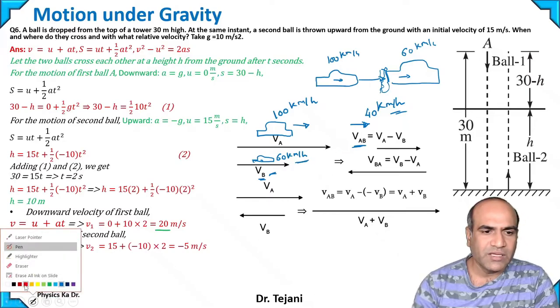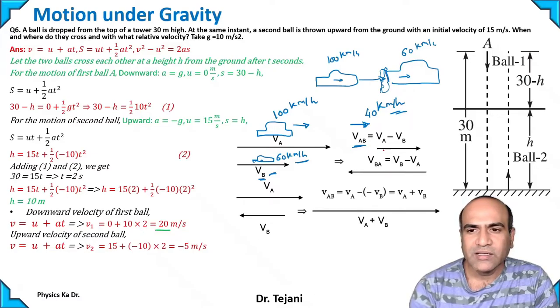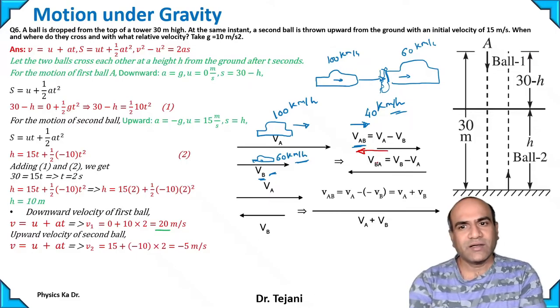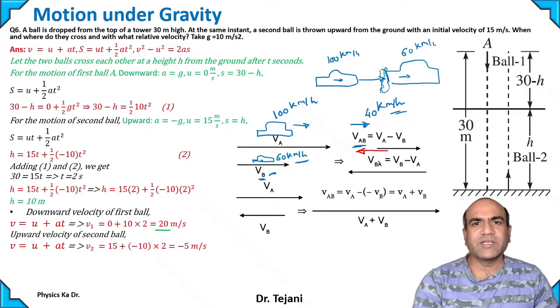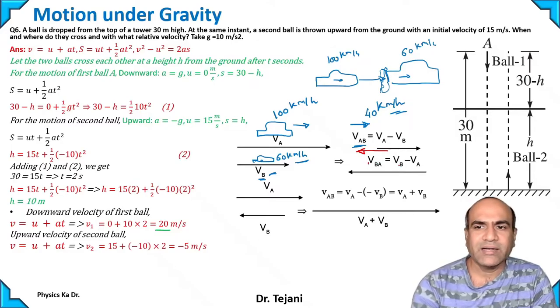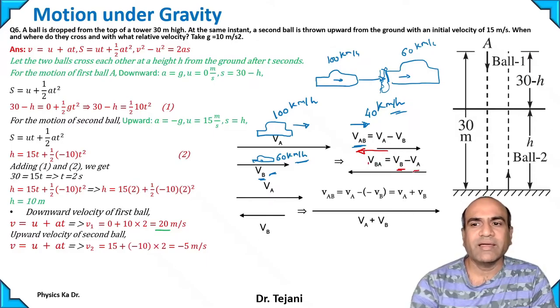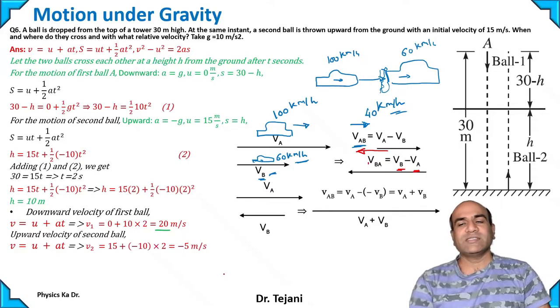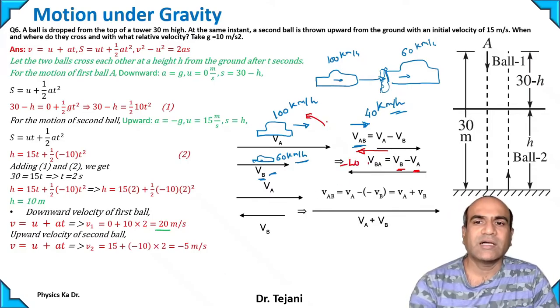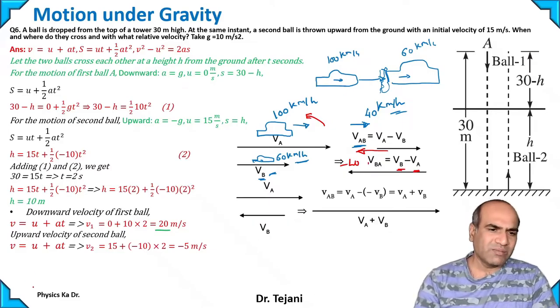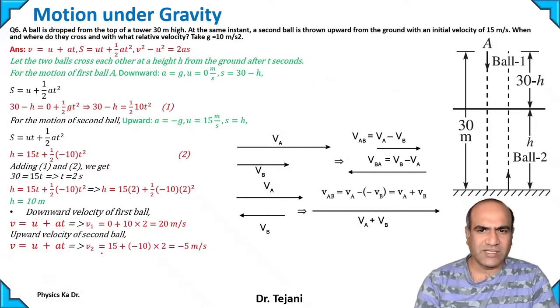Car number B is, you cannot say losing velocity, but it is moving back at VB minus VA. That means it has minus 40 speed compared to car number A.